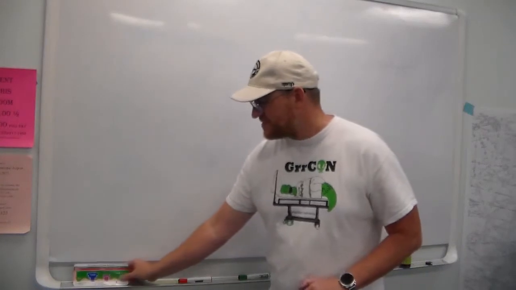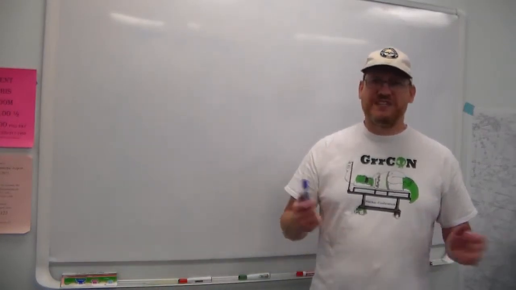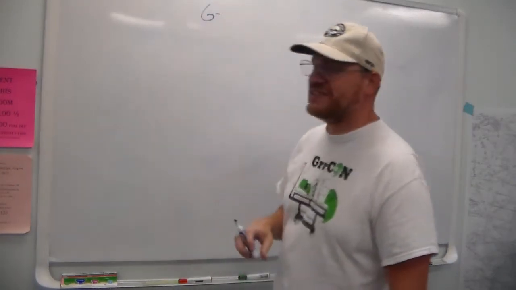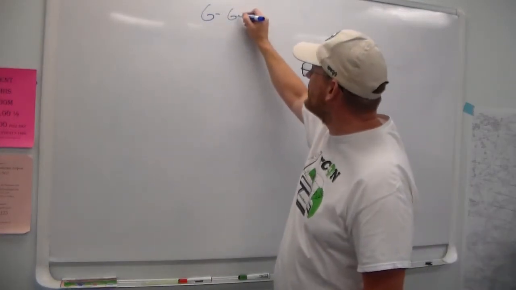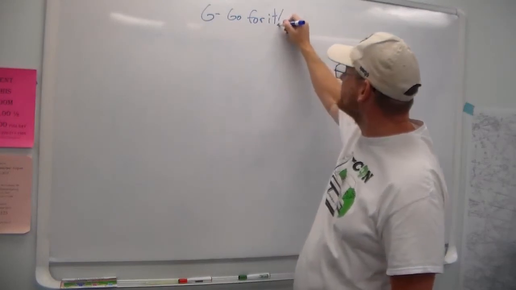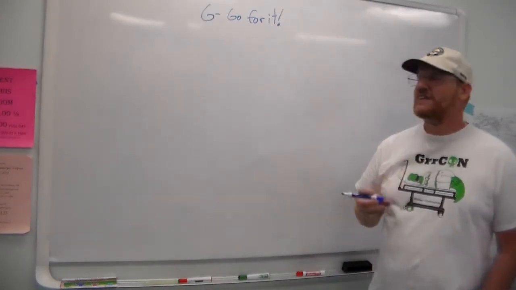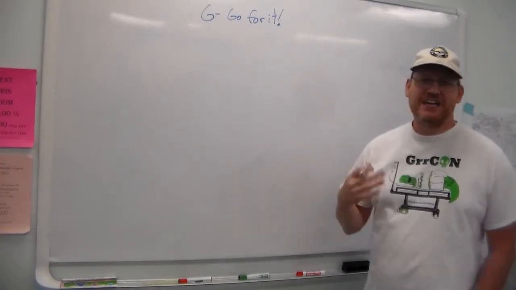So let's start with the most unrestricted airspace. That's Class G. If you take the King Schools ground school, they'll say this stands for "go for it." So Class G airspace is airspace where there's not a lot of traffic.